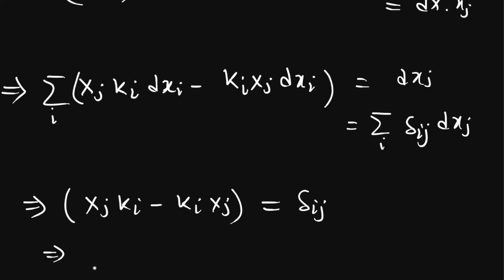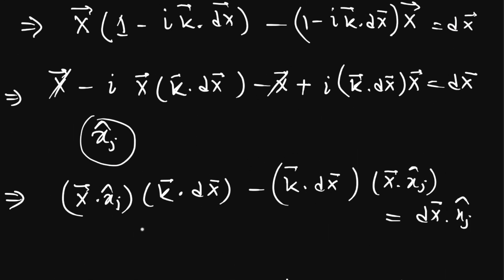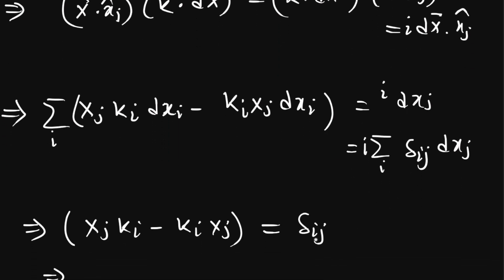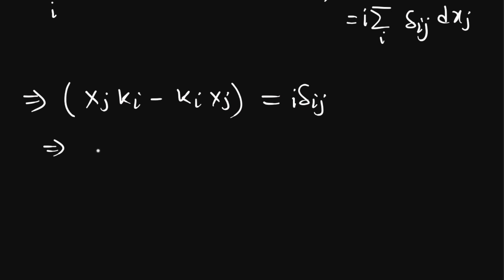That means there will be an i on this side, so that will be x_j comma k_i equal to i delta ij.